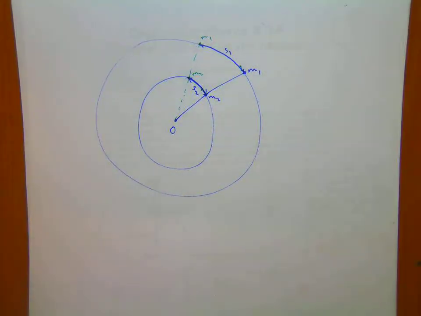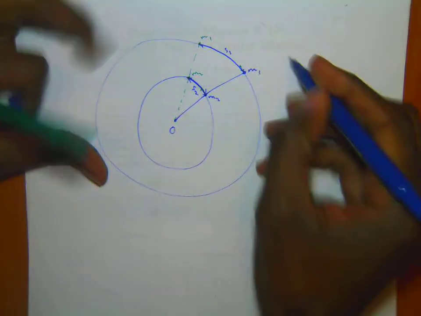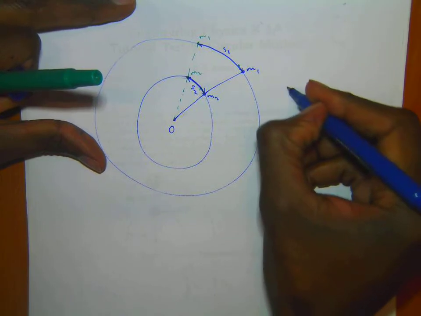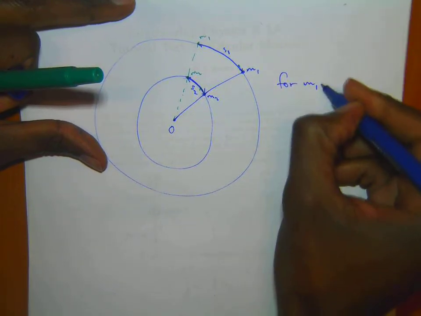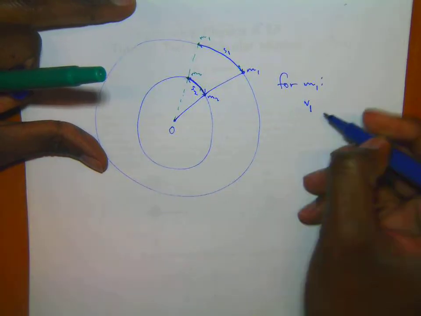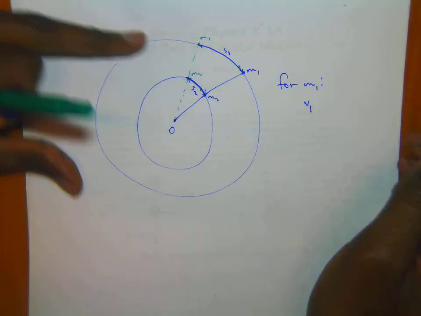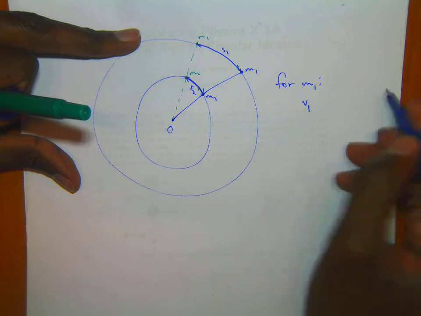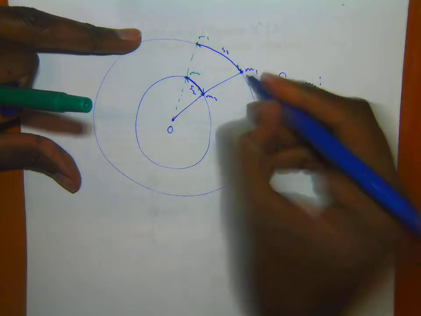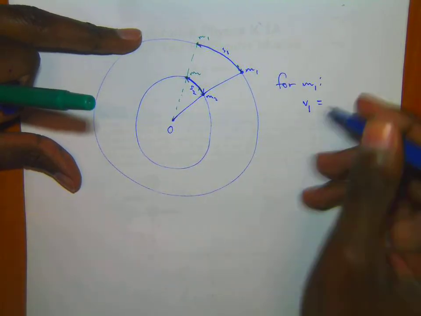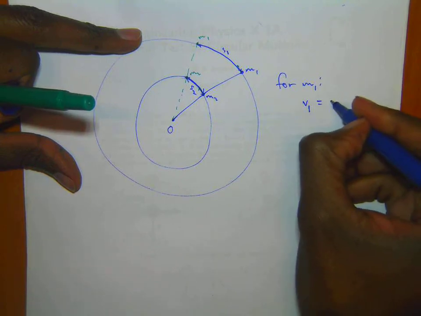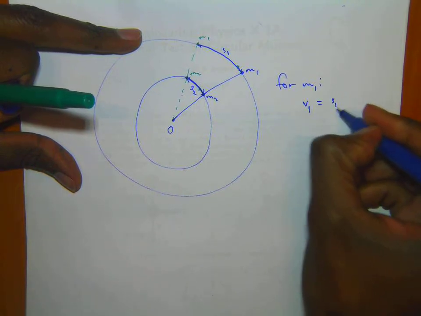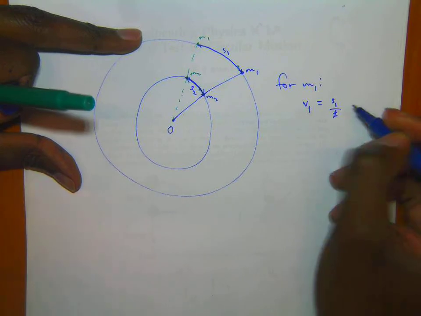So the linear speed for M1 is V1, the distance divided by the time: V1 equals S1 divided by the time t.